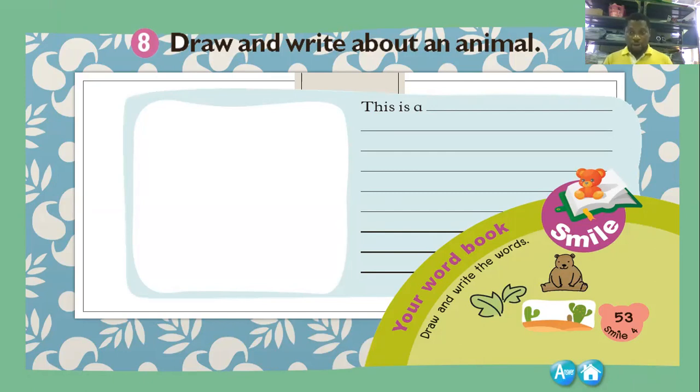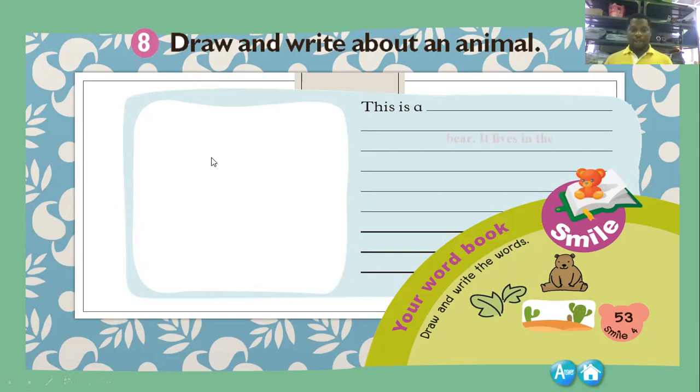You can draw an elephant and then you write about the elephant. You can draw a giraffe. You write something about the giraffe. You can draw a bear or a crocodile, a monkey, any animal of your choice, and then you try to write something about them.